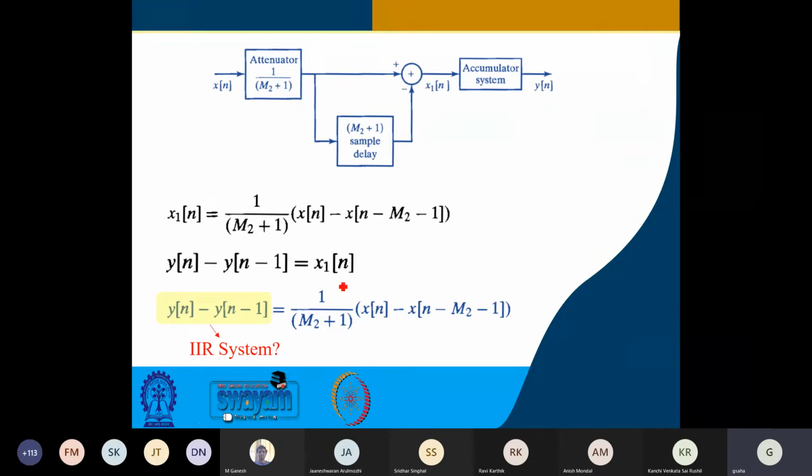Keeping that definition in mind, we look at this equation in greater detail. So this xn will be del n, and accordingly this will be del n minus n2 minus 1.